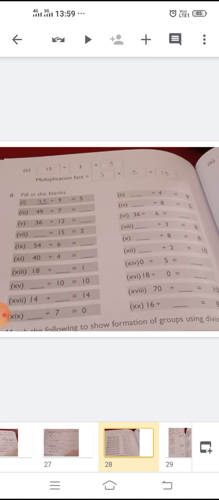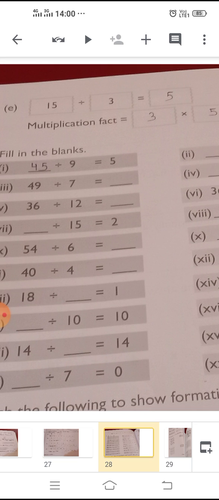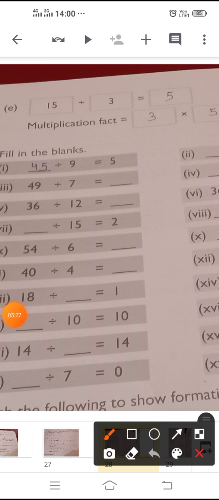Now come to the next page. Question number 8. In this, you have to fill in the blanks. Somewhere they have given you the answer. You have to use the multiplication fact or division property. Like in the first, they have given you dash divided by 9 is equal to 5. That means what number do we get when we divide by 9?